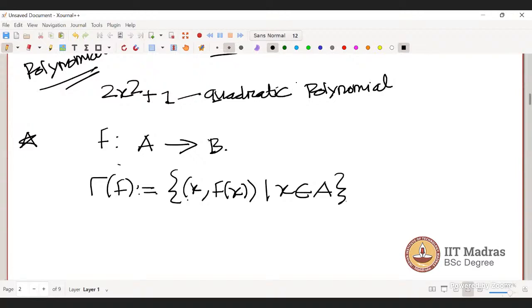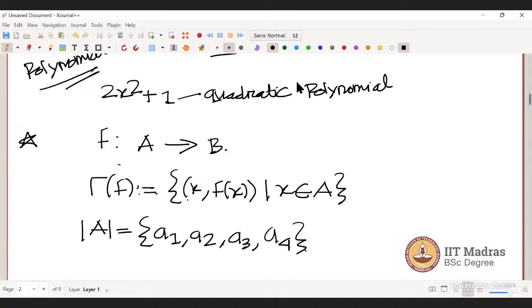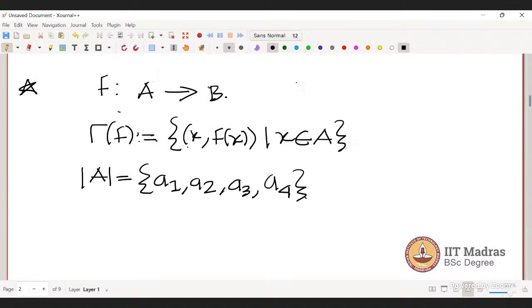So in the question it says that the cardinality of A is 4, right? So then what will be the graph of the function? What will be this set?